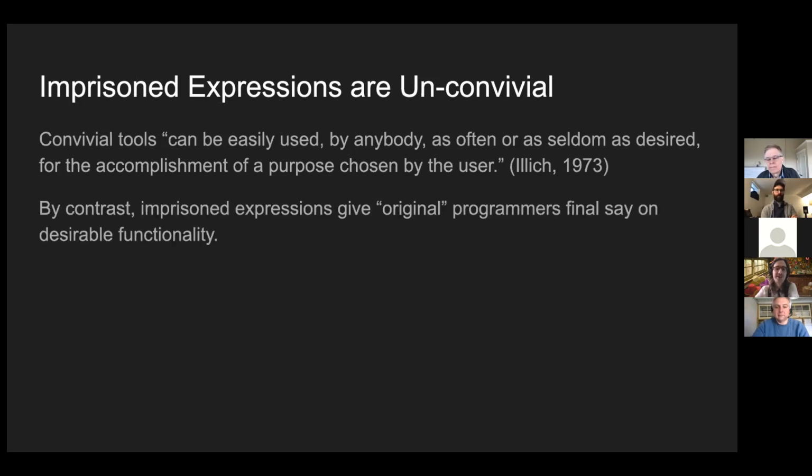By contrast, when expressions are insulated within their abstractions and in use are completely hidden from any consumer of the program, the original programmers, the people who create the architecture, the framework and the source code of a given solution, have a lot of say over what is desirable functionality. And the people who are further consumers of the program or subsequent authors have very little to do to change the functionality and the parameters of computation.